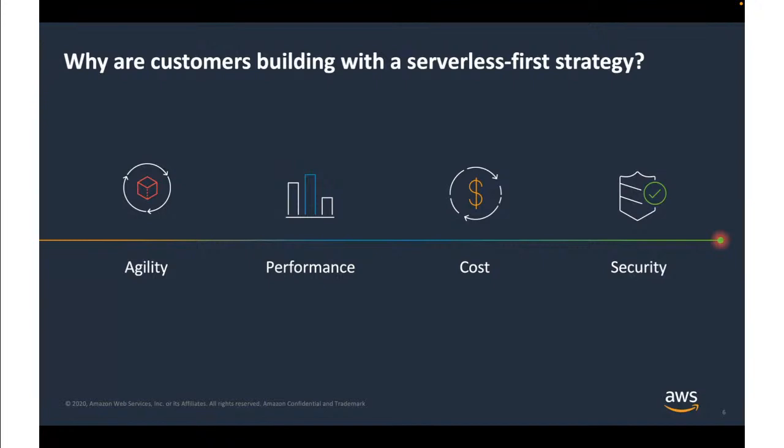Now, naturally, you would ask, why are customers building with a serverless first strategy? The reasons customers are adopting a serverless strategy are aligned with what they are looking for. And these are also the areas where we put most of our investment. AWS is fortunate to have hundreds and thousands of years of engineering experience collectively across all our engineers, who have been continuously adding new features to our platform over the last 15 years.